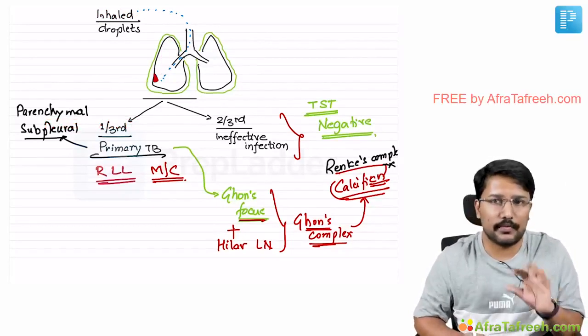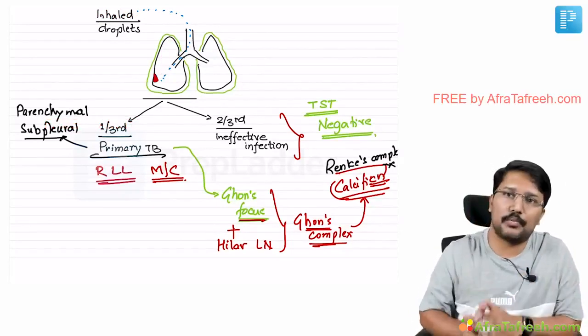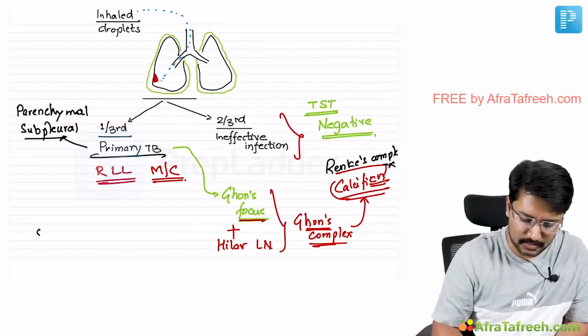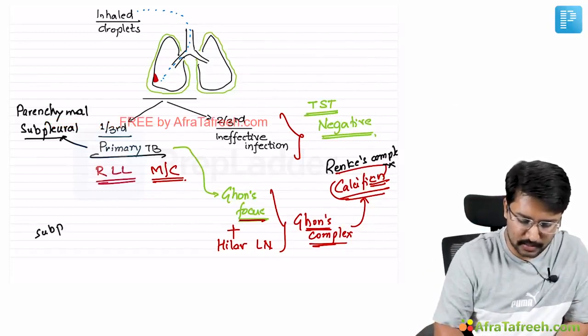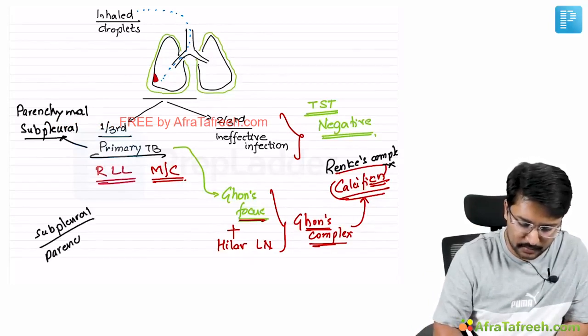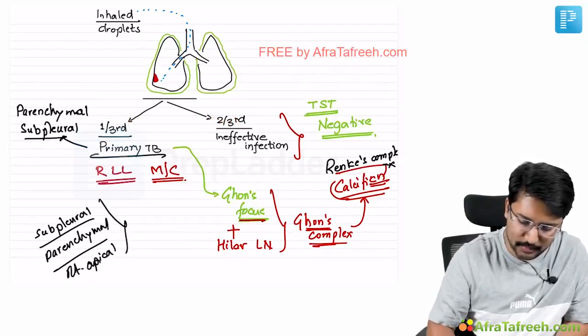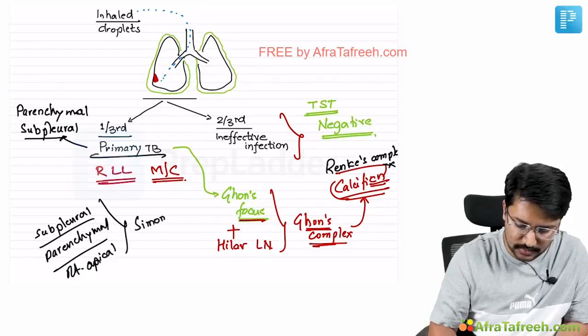And mostly there, when the parenchyma is affected, it is going to be subpleural again. So this other focus, which is again subpleural and parenchymal, at the right apex, is now called Simon's focus, right? Clear? We call it Simon's focus.